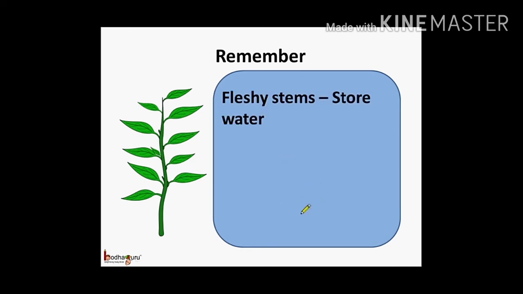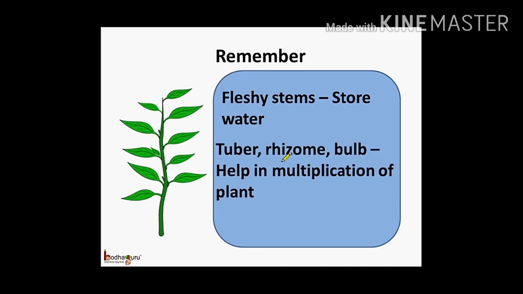Also, the fleshy stems store food, as in the case of cactus, jade plant, etc. And also, the tuber, rhizome, and bulbs, apart from storing food, help in the multiplication of the plant. And last but not least, in certain plants, the stem gets modified into tendrils which support the plant.